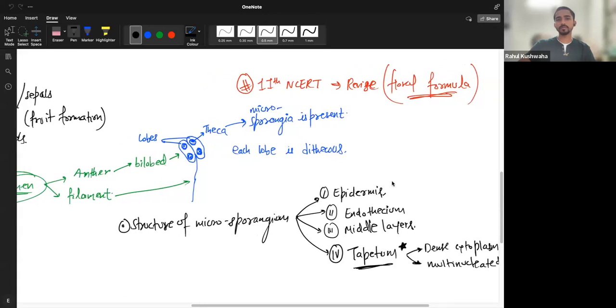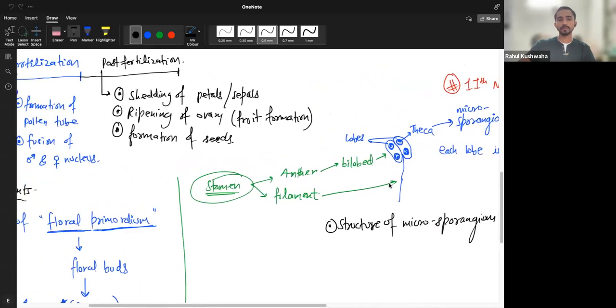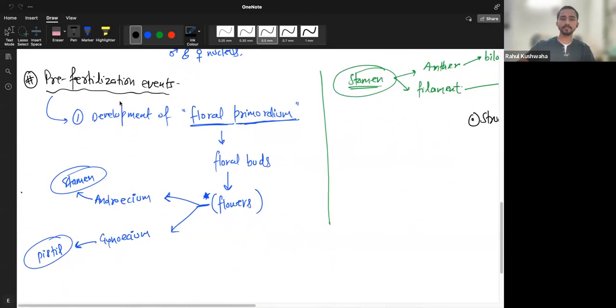Yeah. So I also told you about how the events of development take place, starting from the development of floral primordium. The name suggests floral means flower, primordium means something primitive or before flower. So before flower, the tissue that develops is called floral primordium.